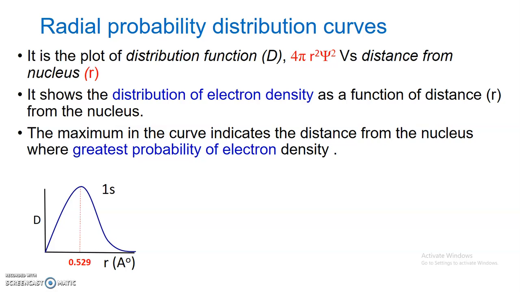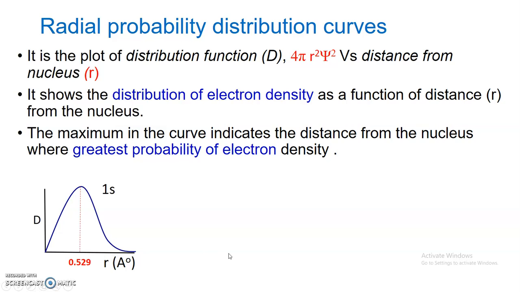And for 1s orbital, this distance is 0.529 angstrom. At 0.529 angstrom, there is a maximum probability of finding an electron, and this is the radius of 1s orbital. Now from this distance, when we go away from the nucleus again, the probability of finding an electron decreases.